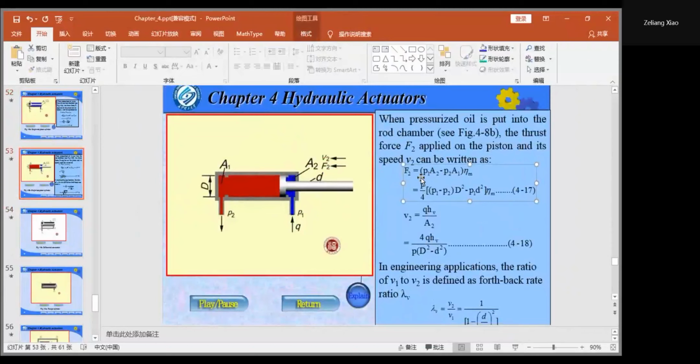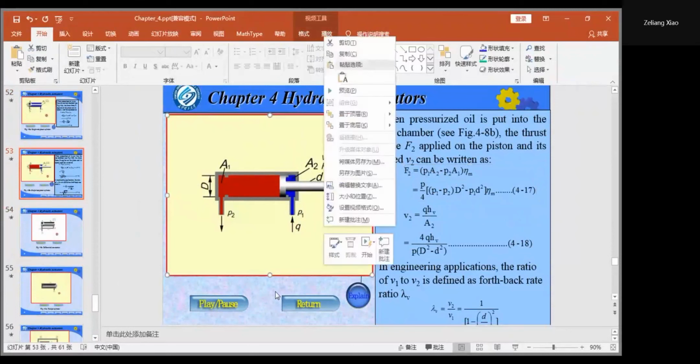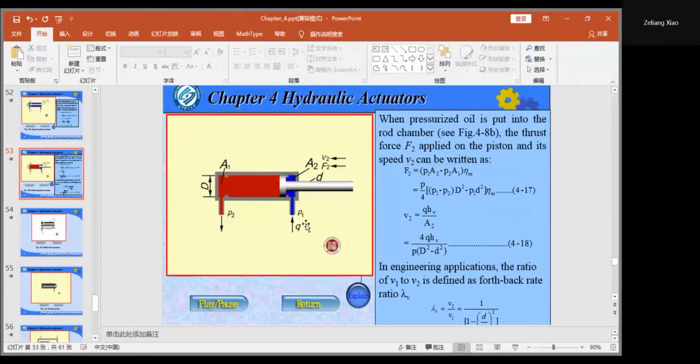And the F2 equals P1 multiplied by A1 plus P2 multiplied by A2.